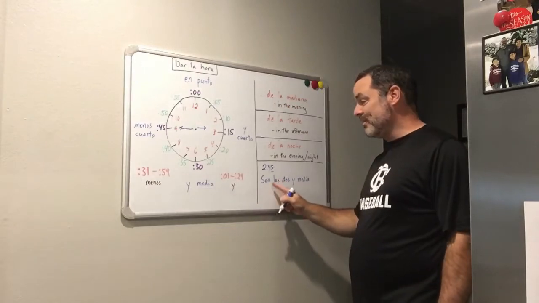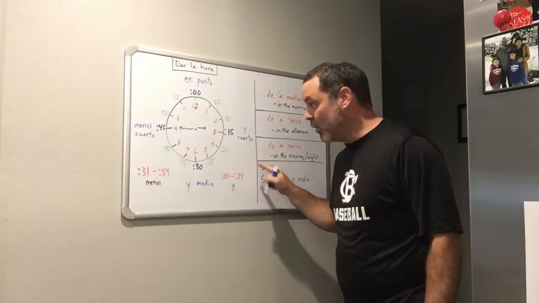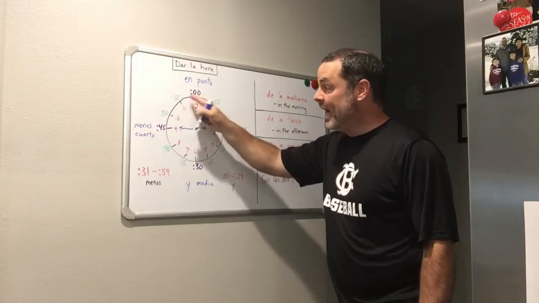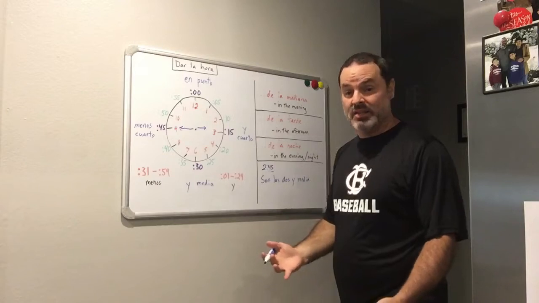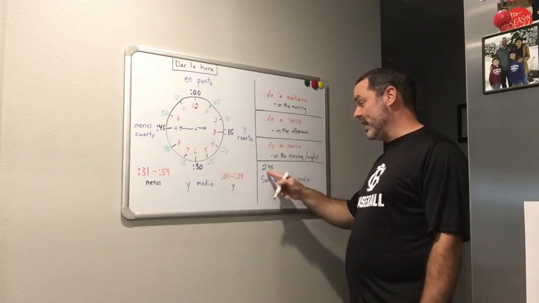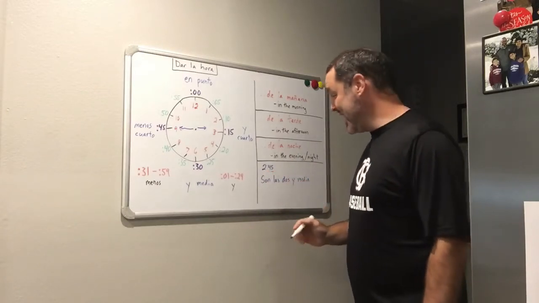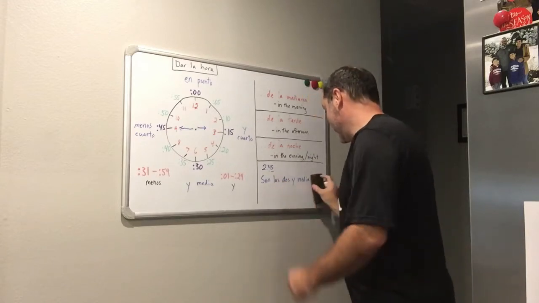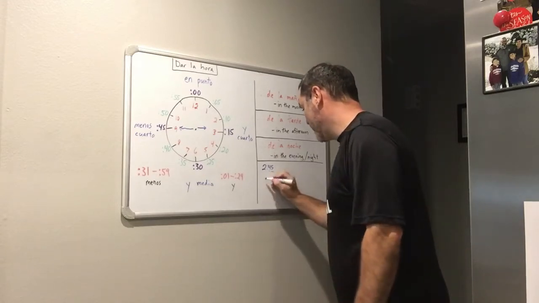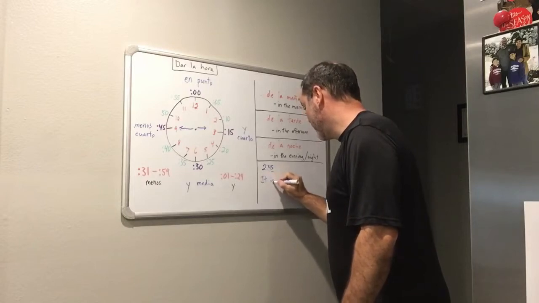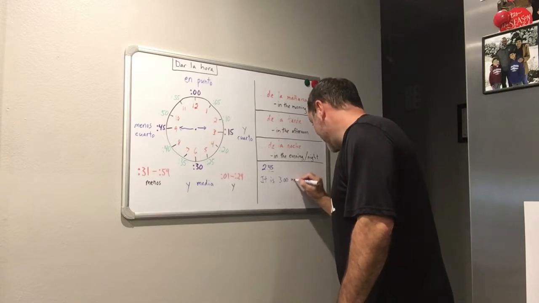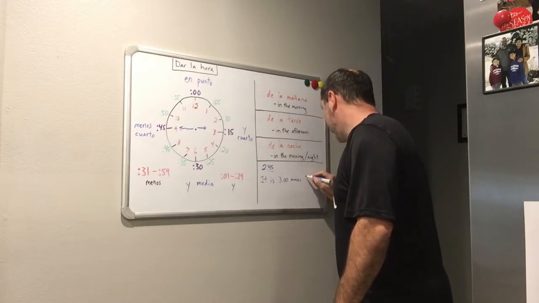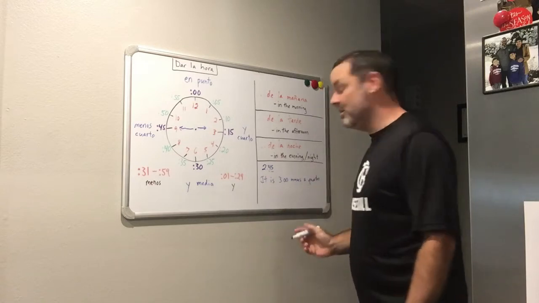So to say this, I have to bump up to the next hour, which would be 3, and then I have to subtract 15 minutes. That's what menos means. It means minus. So now I'm looking at this time and I'm saying, okay, 2:45 is like saying it is 3 o'clock minus a quarter, or 15 minutes.